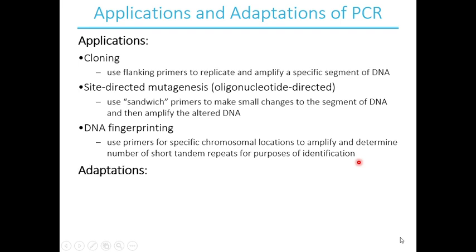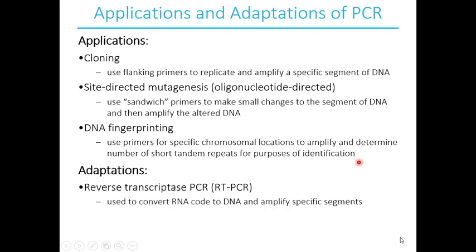What are the adaptations of PCR? There are other techniques that have evolved from PCR, and one of them is reverse transcriptase PCR or RT-PCR. Specifically, this technique is used to convert RNA to DNA and amplify specific segments. In many cases, a DNA sequence may not be available.